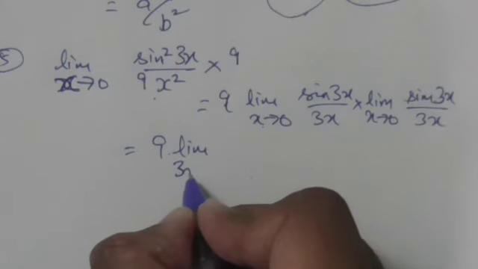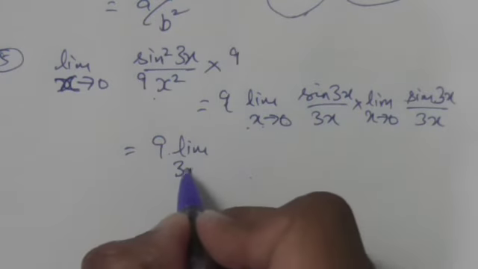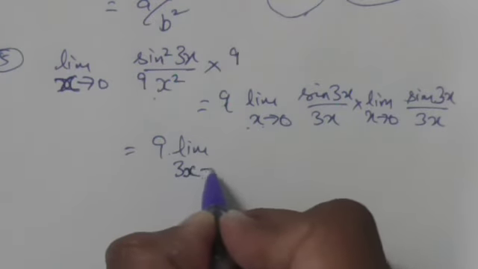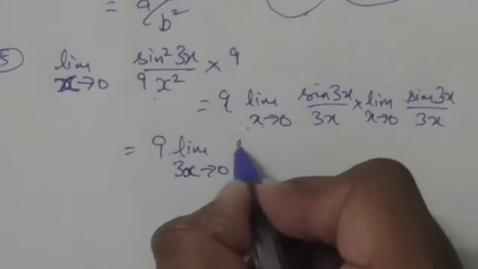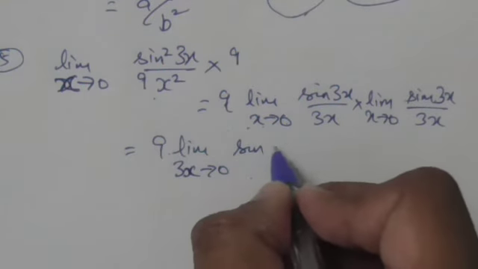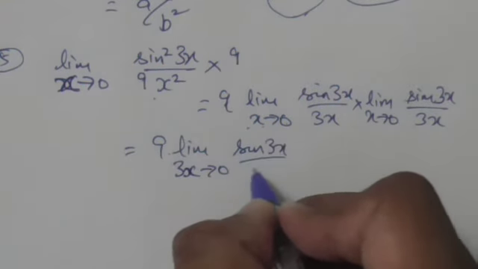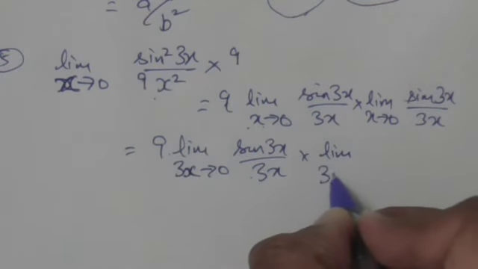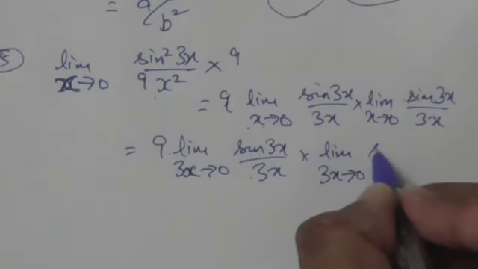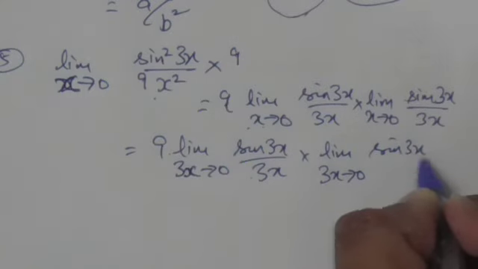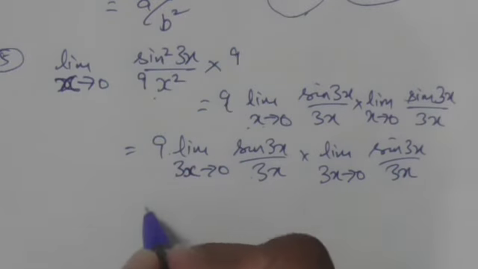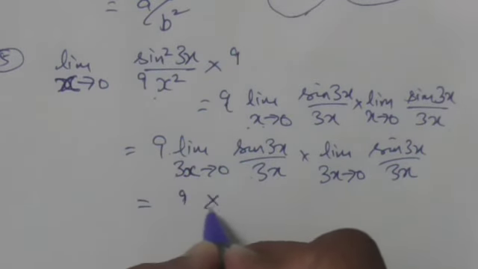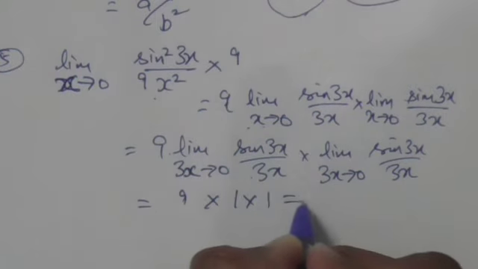As x tends to 0, therefore 3x will also tend to 0. So I will have limit 3x tends to 0 sin 3x upon 3x into limit 3x tends to 0 sin 3x upon 3x. So it will be equal to 9 into 1 into 1 is equal to 9.